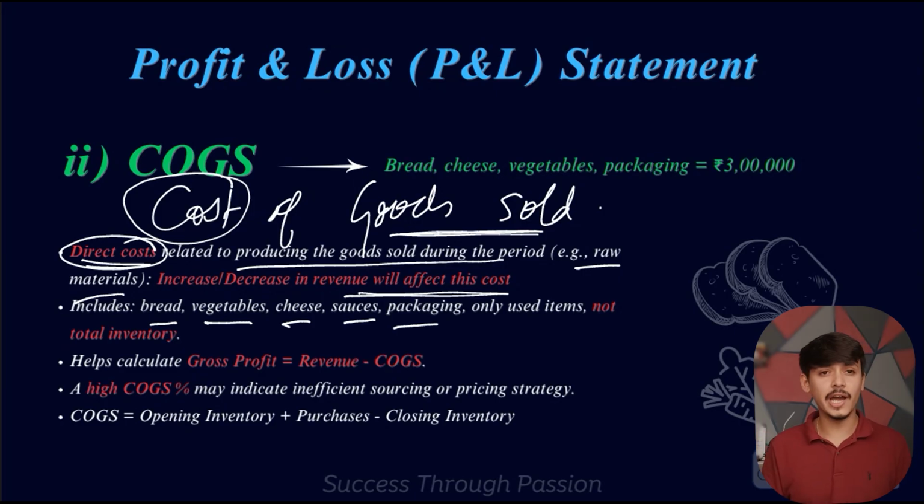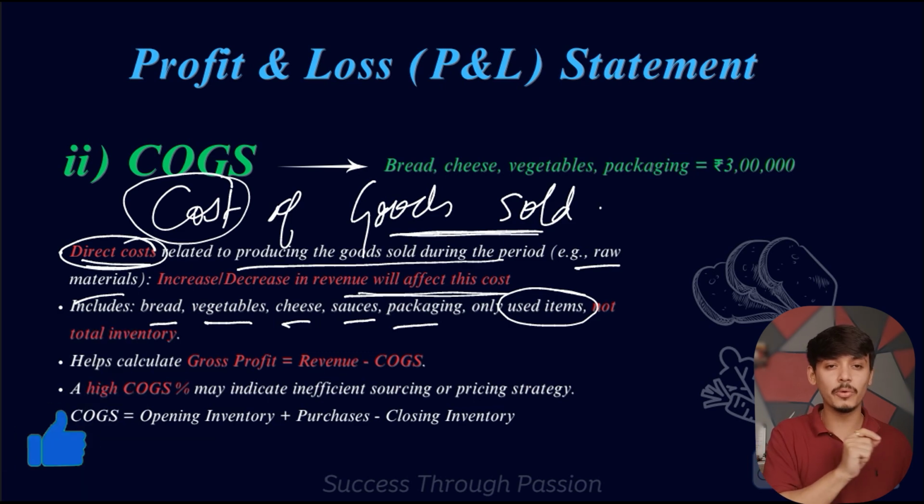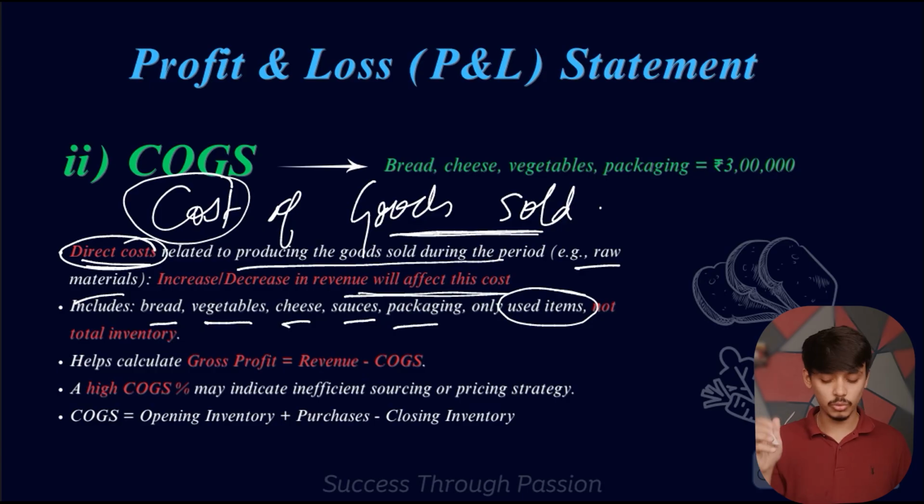And over here we are going to take only the used items. So let's assume that we had 10 bread packets in our outlet and we used only 8. The 8 bread packets will be only considered for the COGS amount and not the remaining 2. The remaining 2 will go to inventory, that we will understand when we are creating balance sheet for this company.